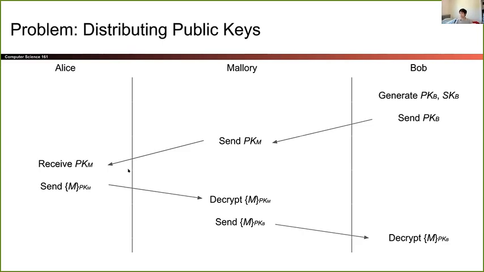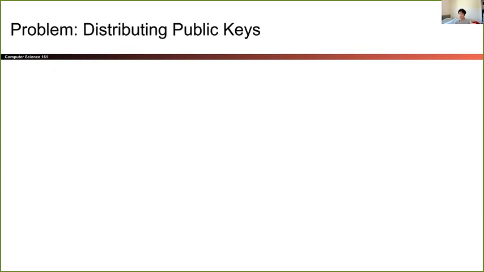She doesn't know that this is Mallory's public key because she just received a number, basically. So she's going to encrypt her message with Mallory's public key. Mallory can sit in the middle, decrypt it, say, oh, that's a really nice message you've got there, Alice, and then re-encrypt it with Bob's public key and forward it along. Now Bob is decrypting with his private key, and neither Alice nor Bob knows that someone's sitting in the middle. So how do we fix this?